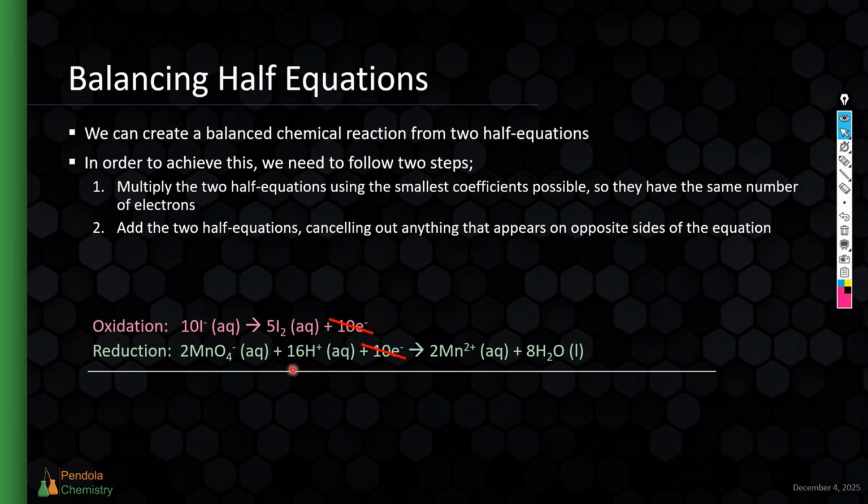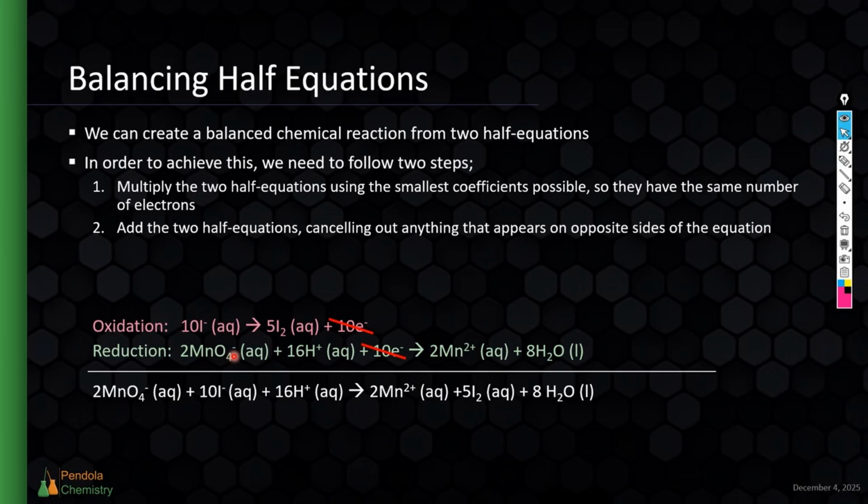Everything else is unique, so they're going to stay. And so we end up with 2MnO4⁻ aqueous plus 10 I⁻ aqueous plus 16 hydrogen ions aqueous yields, because that's everything in the reactant side, 2Mn²⁺ aqueous plus 5I2 aqueous plus 8H2O. So we're just adding up. Anything that doesn't cancel, we're rewriting into our overall equation.